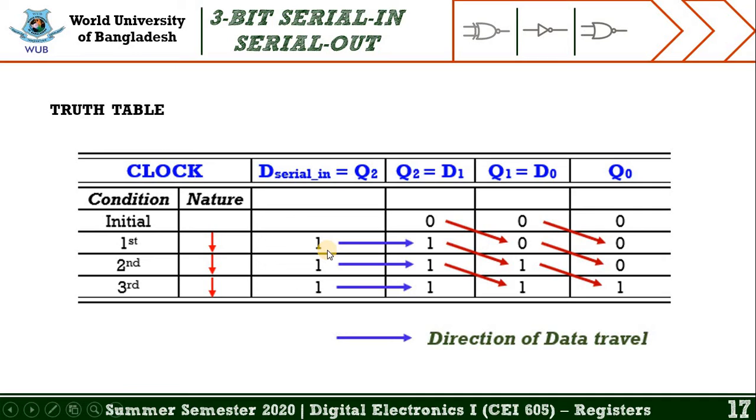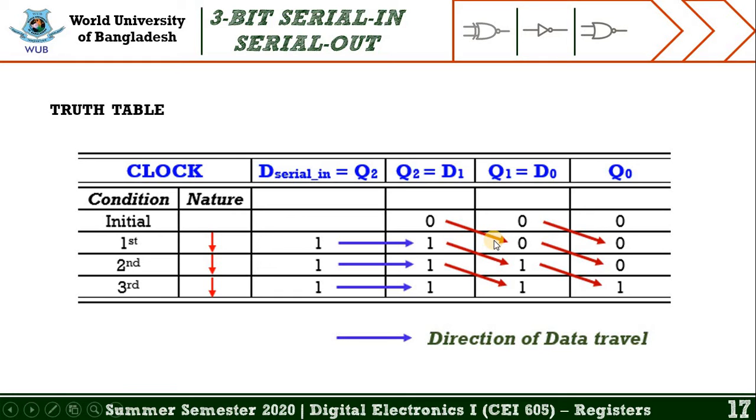But in the case of the second and third flip-flops, the values are assigned from the previous state. That's why here you may find the diagonal arrow, which represents the first bits from the previous situation, and the last bits are represented as the present condition. That's why we have placed this arrow diagonally from previous to present state.